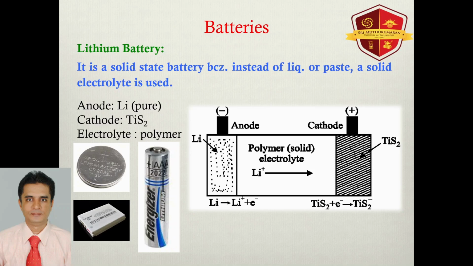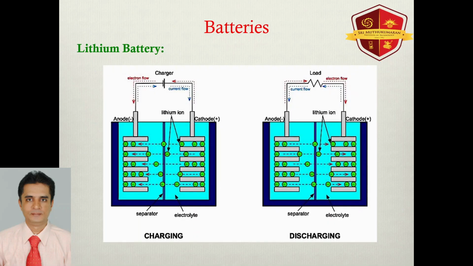Lithium battery. The main advantage of the lithium battery is that it has a solid electrolyte. Instead of a liquid electrolyte or a paste, a solid electrolyte is used. Lithium is at the anode, titanium sulfide is at the cathode, and a polymer solid is used as the electrolyte. The picture represents the charging and discharging of the lithium battery.